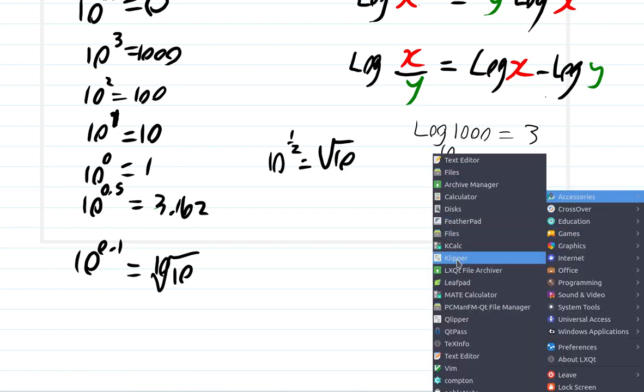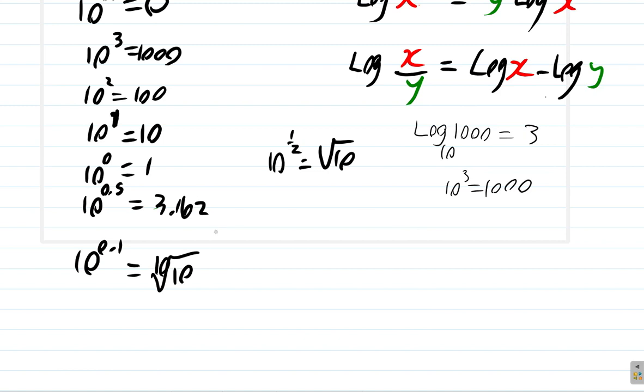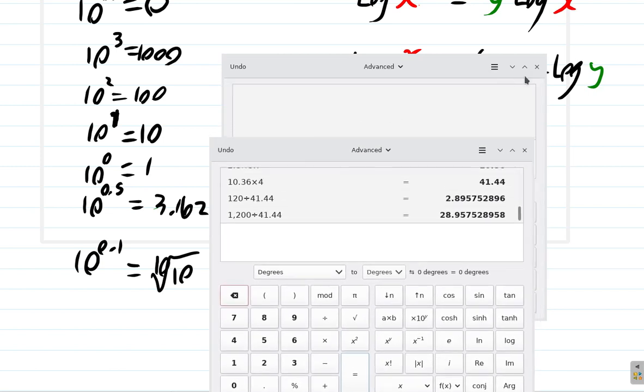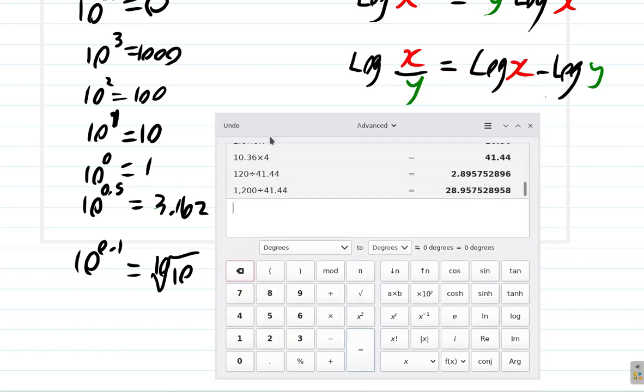Calculator again. We made an error there opening our calculator. Suppose we have 10 raised to the power of 0.1, which gives 1.25, but we want to go smaller. 10 raised to the power of 0.01, smaller number.